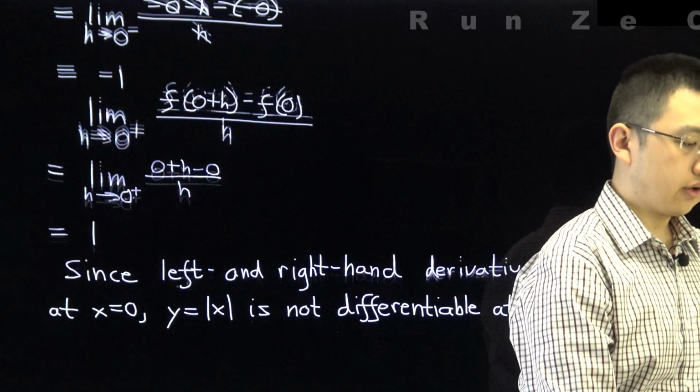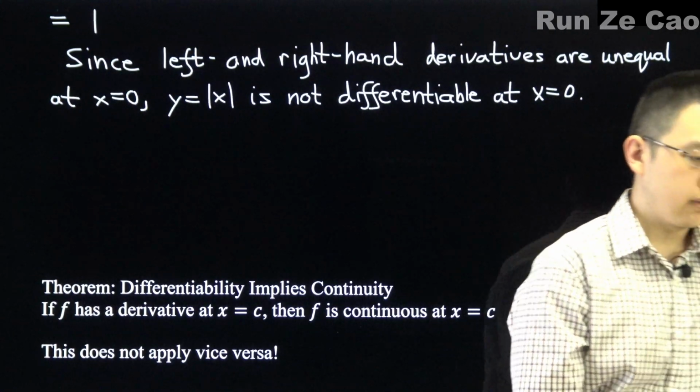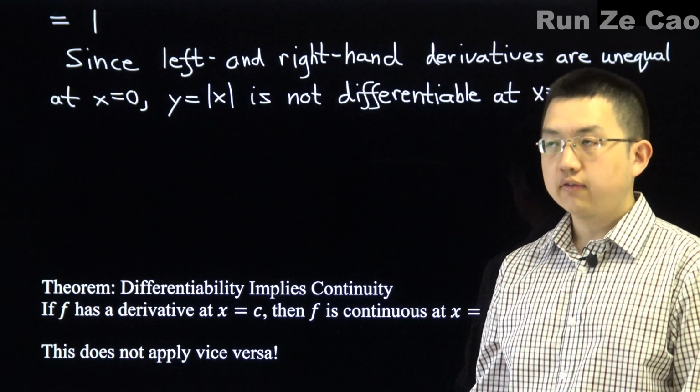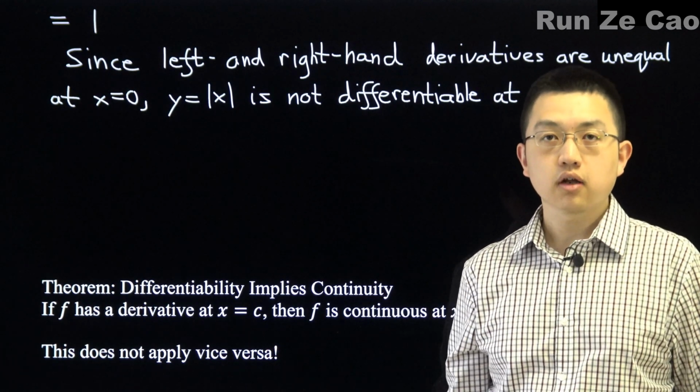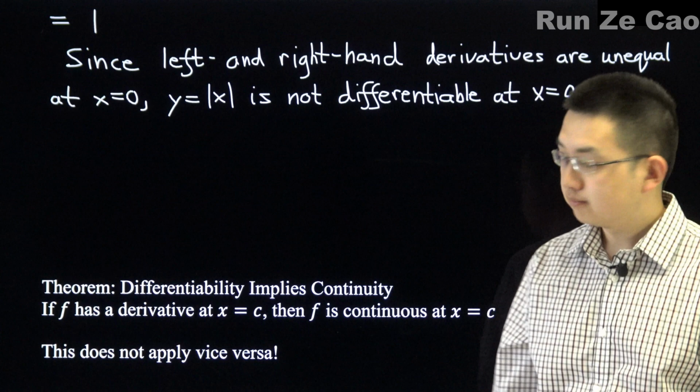So there goes our statement. We say that, oh, okay, left hand and right hand derivatives are not equal. Therefore, there's no derivative at this value.